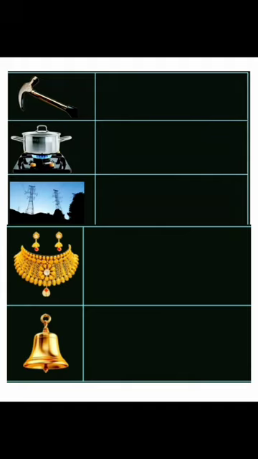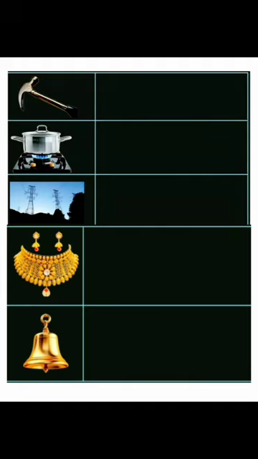The first picture shows a hammer. The second picture shows a utensil. The third picture shows an electric post. The fourth picture shows an ornament set and the fifth picture shows a bell. Now we can discuss the properties. You can think for a few minutes.